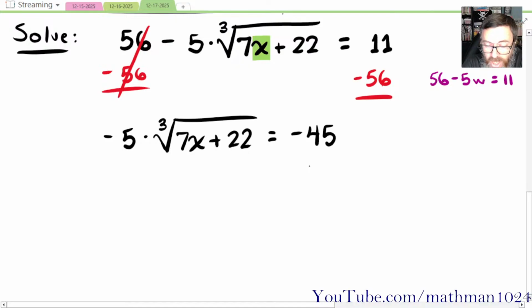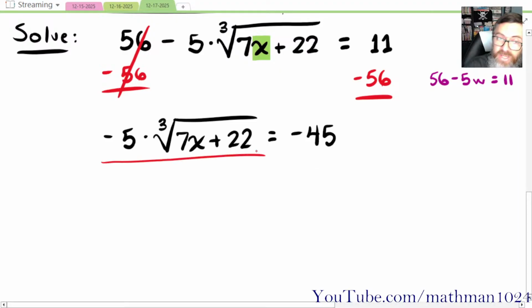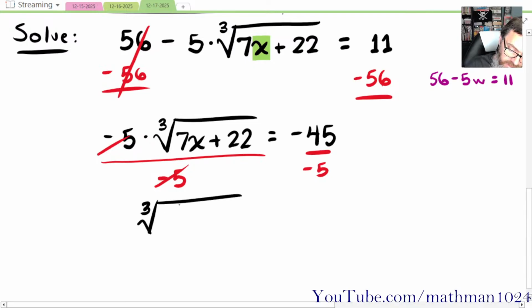All right. Now, we don't quite have the radical by itself because of that factor of negative 5. So we undo the negative 5 by dividing by negative 5. So those reduce to give me a 1. And I have the cube root of 7x plus 22. On the right side, that is just positive 9. Right? No big deal.